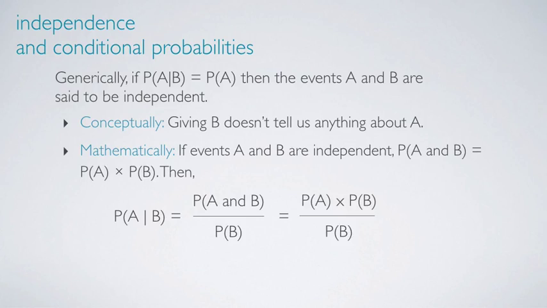The probability of B in the numerator and denominator cancel each other, and we're left with probability of A. So we had defined this rule earlier, that probability of A given B equals probability of A suggests that the events are independent. And now that we know Bayes' theorem, we can actually prove why this is the case mathematically, as well as reasoning through it conceptually.